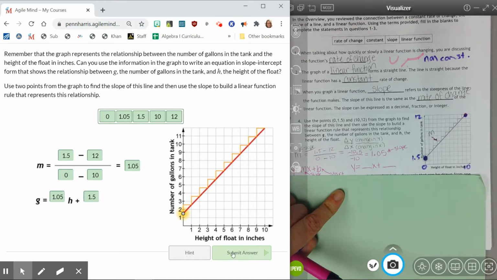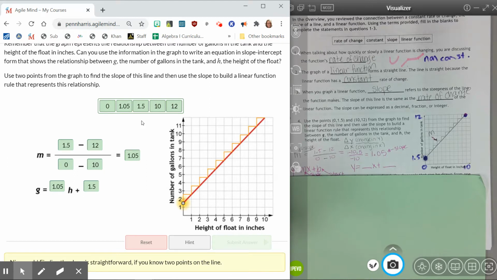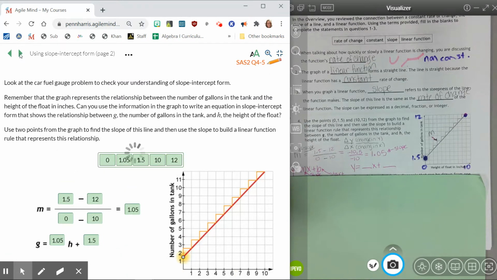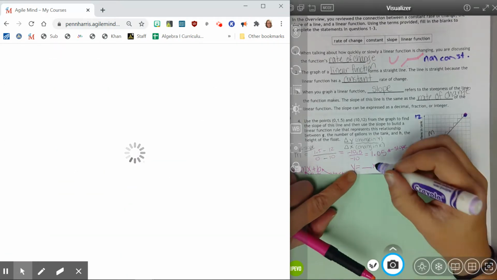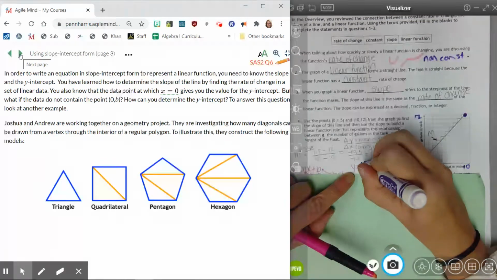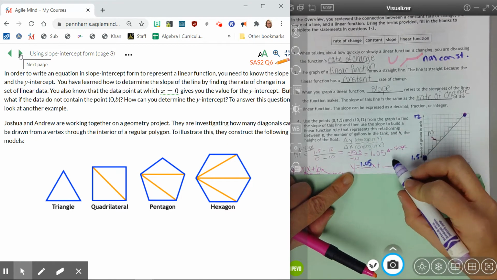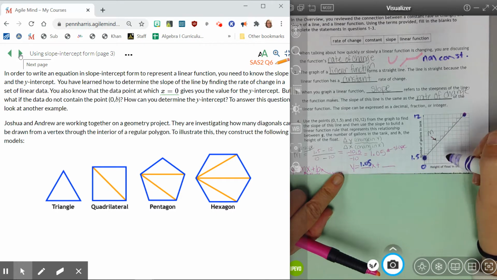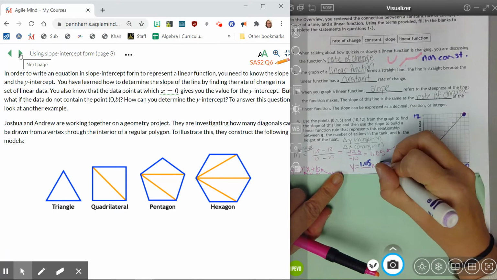Let's go ahead and check that and move on. So again, that turned into 1.05. And right here, this was the height that we originally started on, which was 1.5.